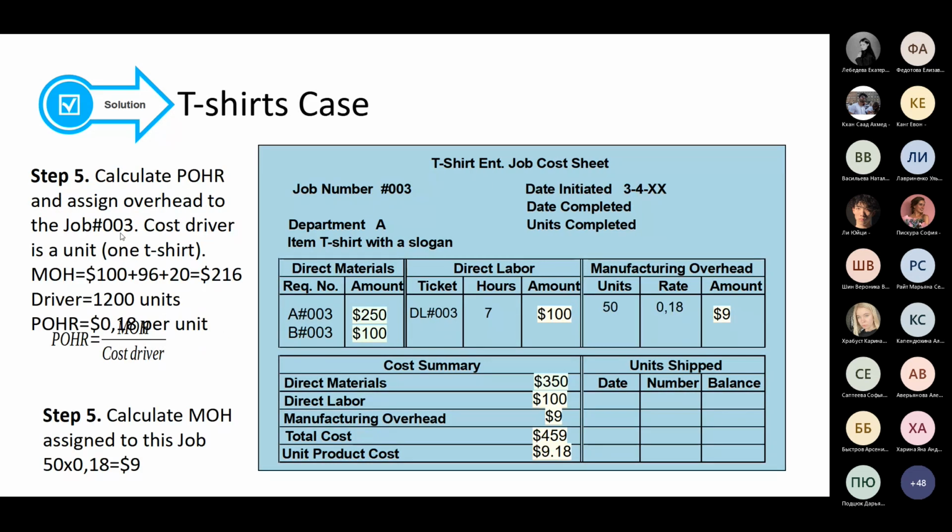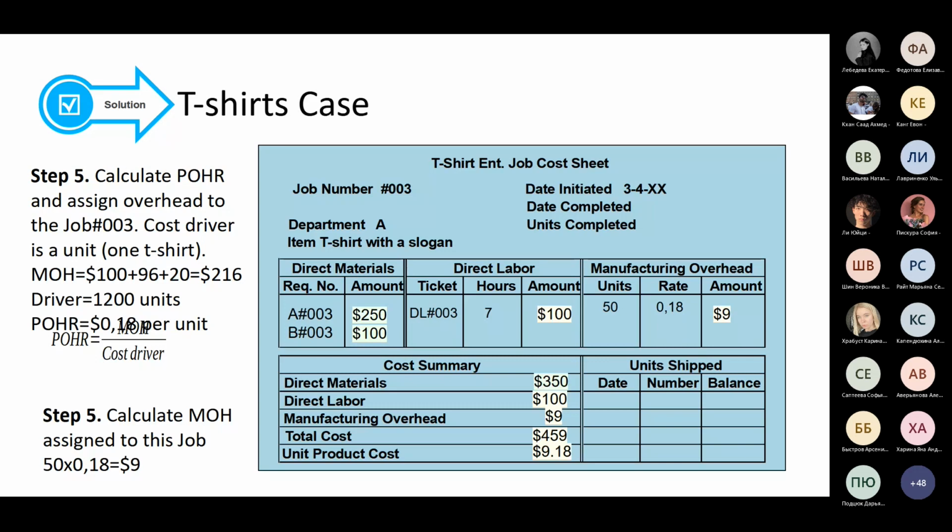Then we calculate predetermined overhead rate and assign overhead to the job. Our cost driver is a unit in our case because we pay to our employee per each unit, and we use ink per unit and so on. So our cost driver is a unit, and we calculate manufacturing overheads, summarizing all indirect expenses, and calculate this total value, which is equal to 216.